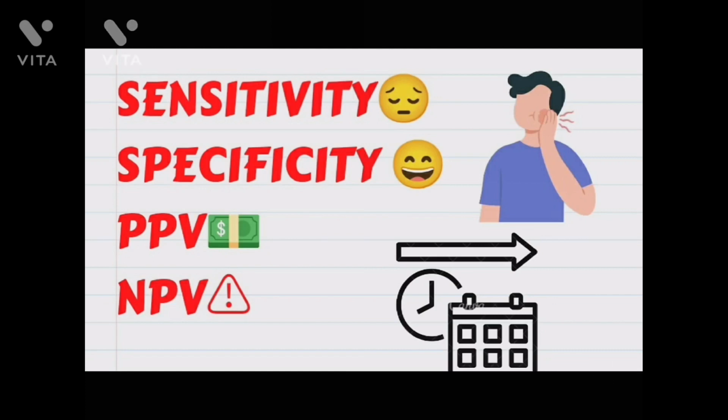Now let's differentiate between positive and negative predictive value. Whenever I see the word PPV or positive predictive value, a picture comes to my mind with clock, calendar and money showing positive predictivity of our future with arrow pointing forwards. And I see negative predictive value or NPV as opposite of PPV.